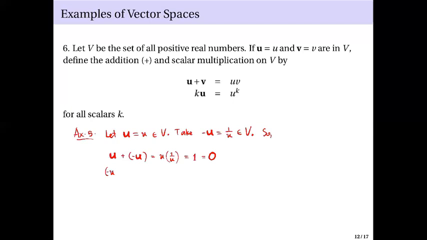Similarly, you have negative u plus the vector u. By definition, again, this is 1 over u times u. But then again, this is just 1. And this is your vector 0.